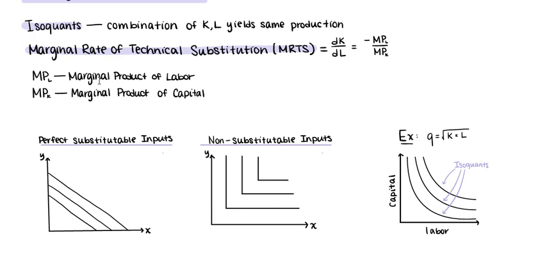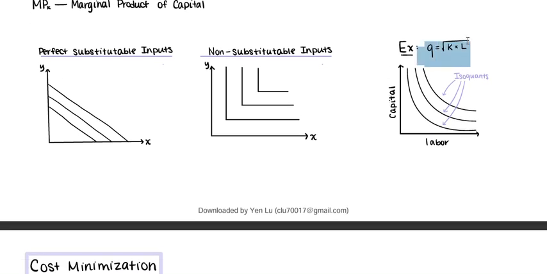For example, if we have a shovel and labor, one shovel needs to be matched to one laborer. So given a certain amount of labor, if we have lots of shovels, they do nothing because there is no labor to use them.